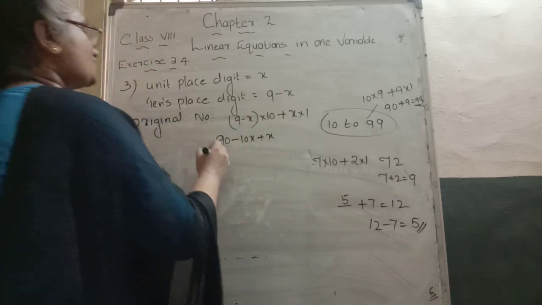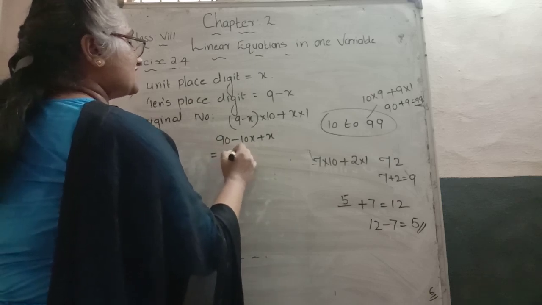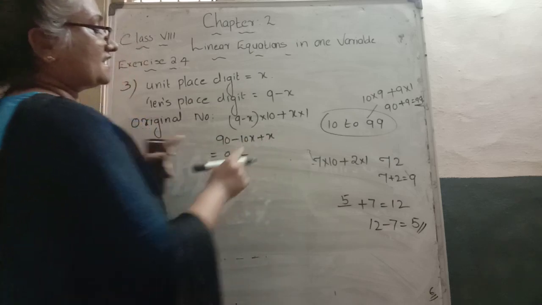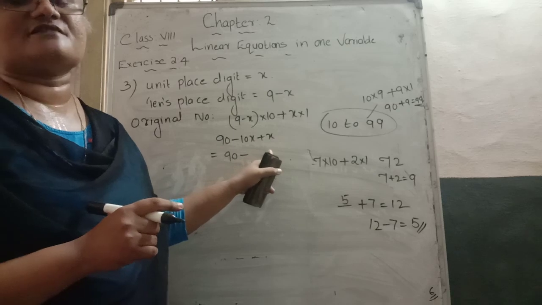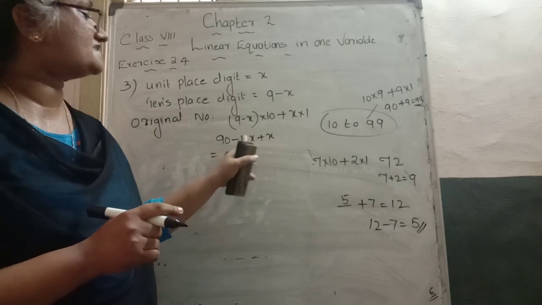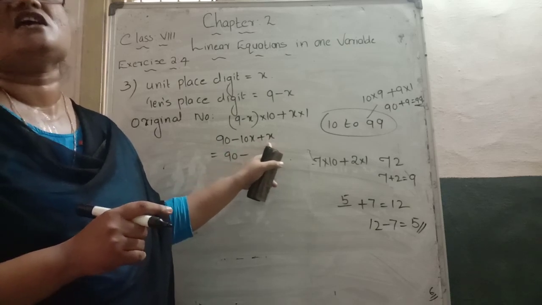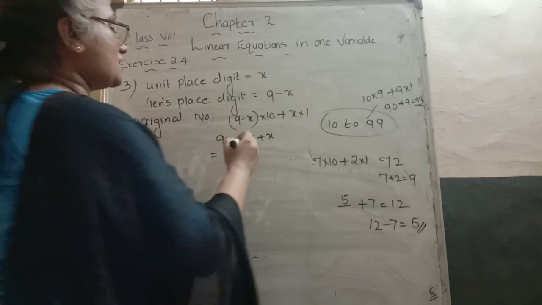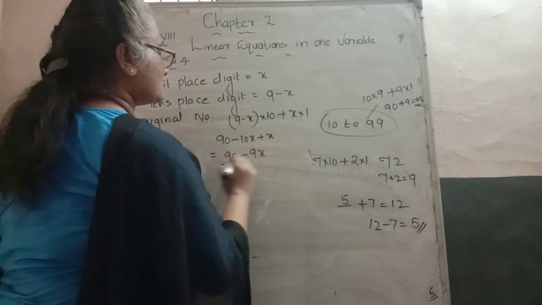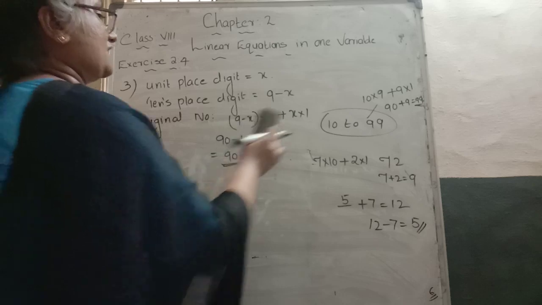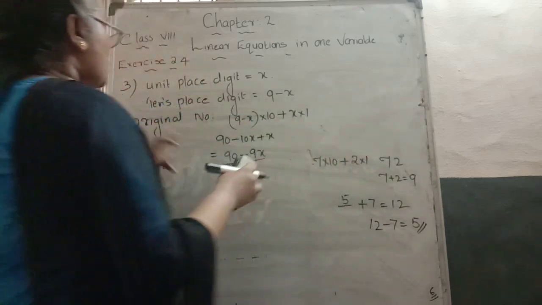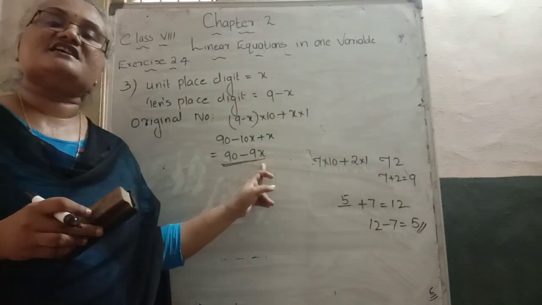So what is the original number? 90 minus 10x plus x. The x terms are like terms, with coefficients minus 10 and 1. Minus 10 plus 1 comes to be minus 9x. So the original number becomes 90 minus 9x. I hope you can understand this.